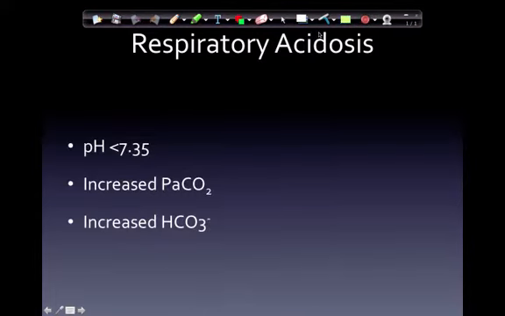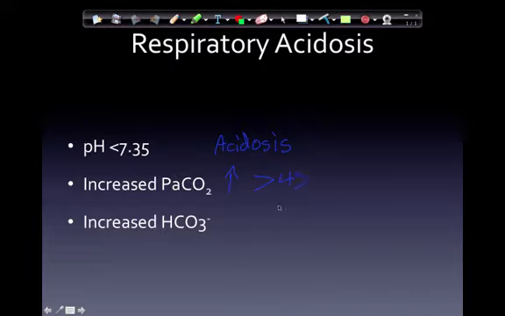So let's talk about our first acid-base derangement. A pH of 7.35. Anything less than 7.35, they are going to be acidic. So I already know it's acidosis, I just don't know what kind yet. This one has an increased PaCO2, which would mean that it was greater than 45.